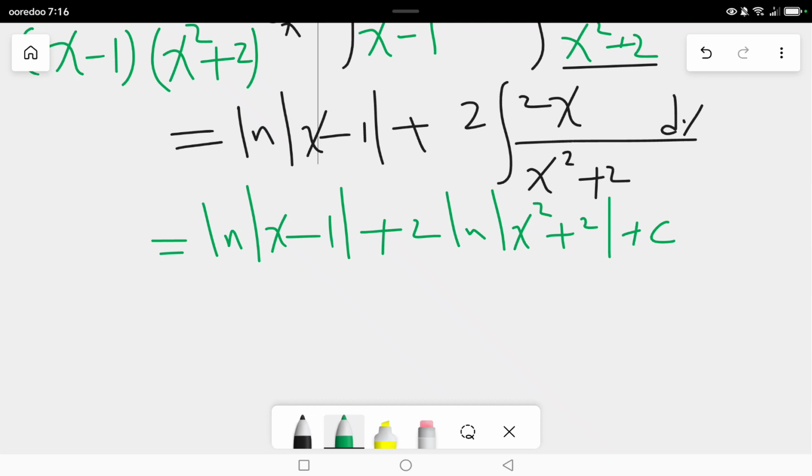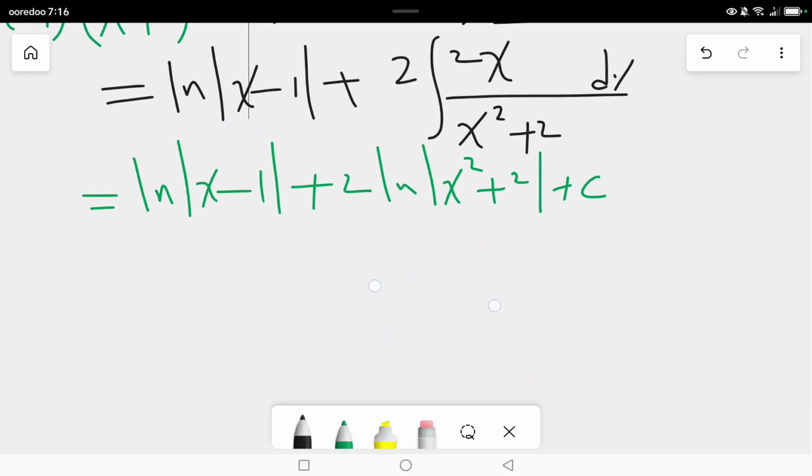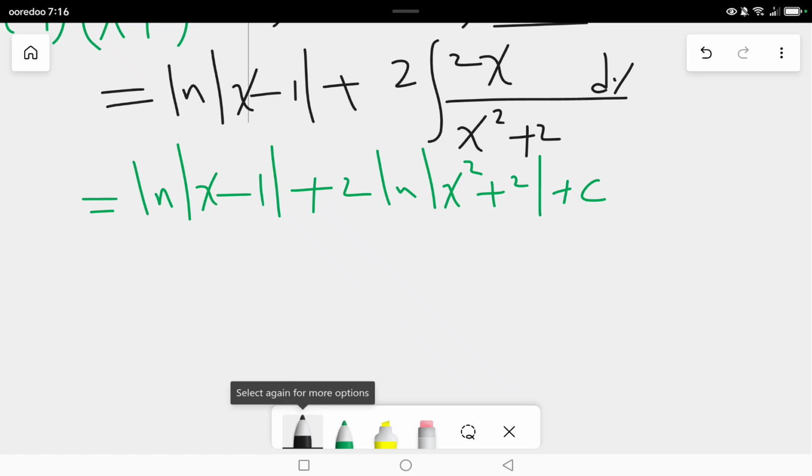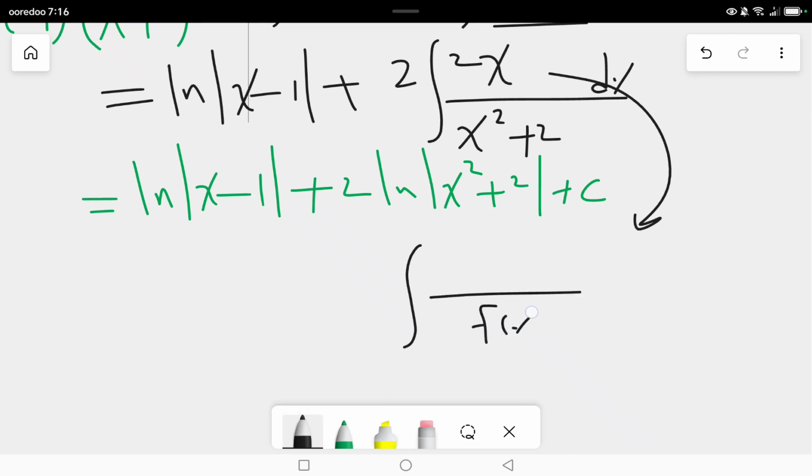Let me just write the formula for this one, because maybe you are getting confused about how I wrote the log directly. There is a formula: integration of f dash x over f of x, for any function such as x square plus 2.